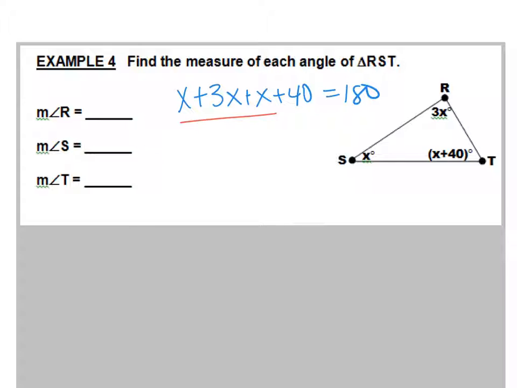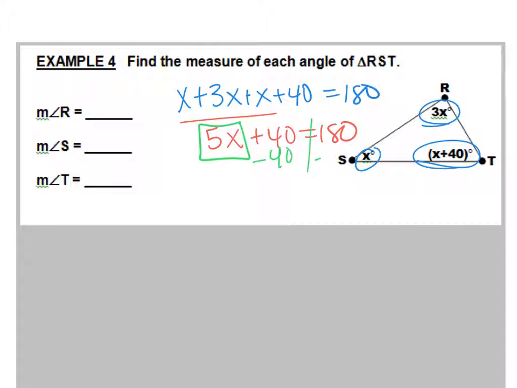X, 3X, and X is 5X total plus 40 equals 180. Make sure when you're setting this up that you include all three angles. From here to solve for X, I'm going to move 40. So 5X equals 140. And then divide everything by 5, and X equals 28.